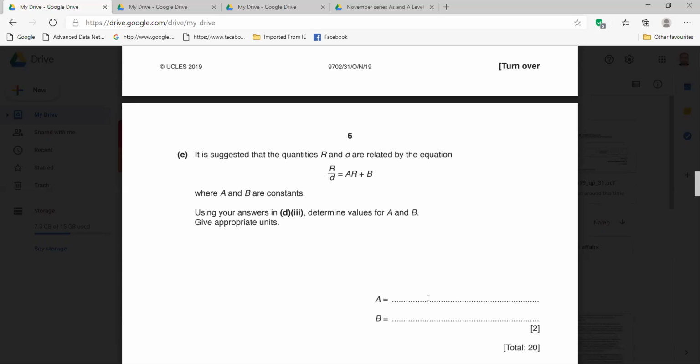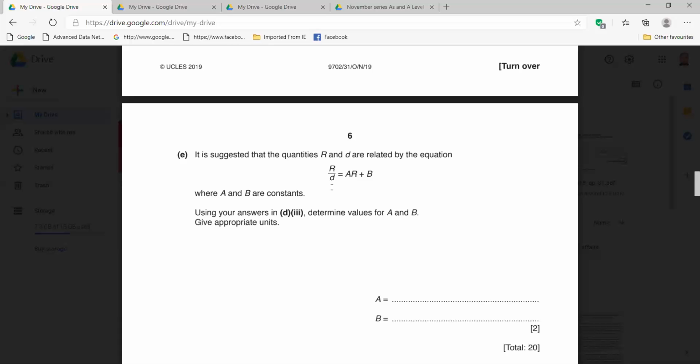So let us check what we are getting for gradient. Gradient is y by x, right? Yes, sir. So y is R by D divided by R. Then R and R will be cut, isn't it? 1 by D is left.